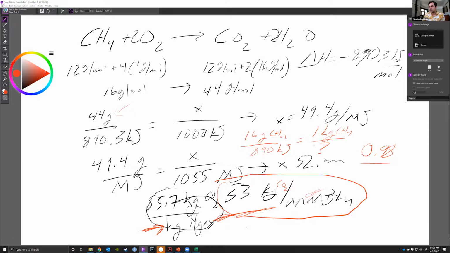And then once we had that, we could use this factor: 44 grams of CO2 emitted makes 890.3 kilojoules equals how many kilograms of CO2 per the massive amount of kilojoules we'd get from the kilogram of methane, and then this answer would equal that.